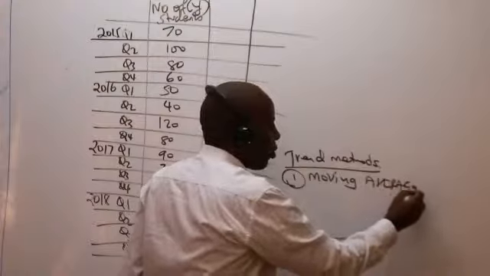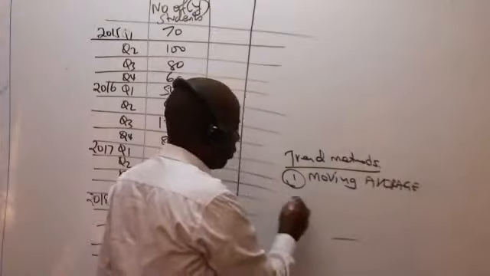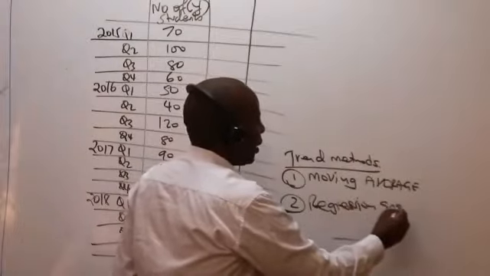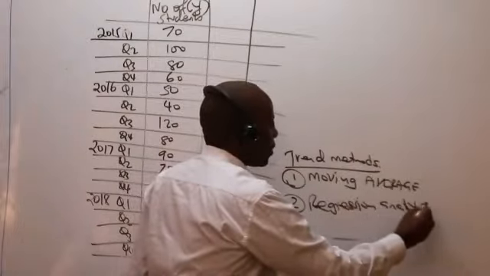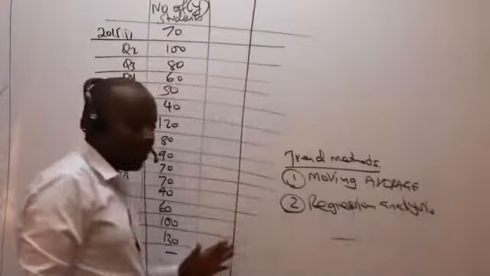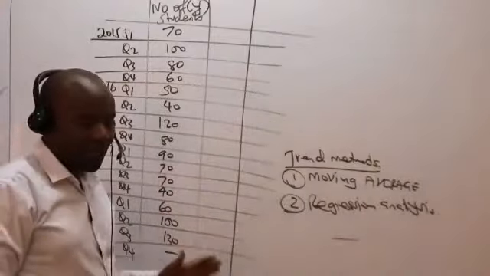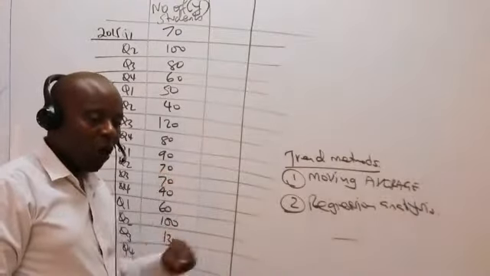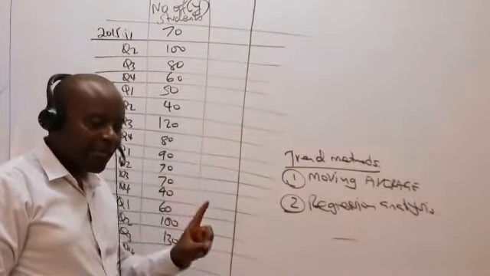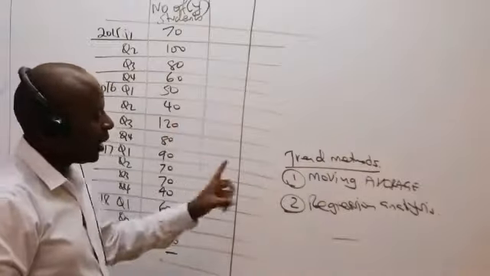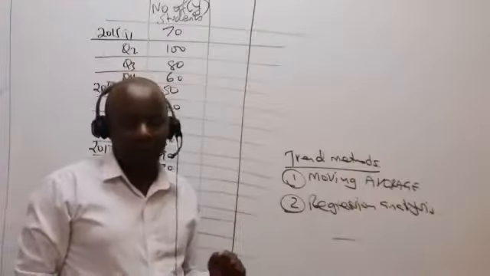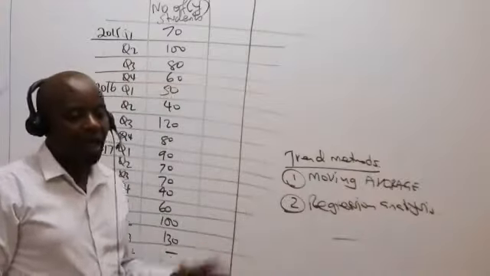And then number two, we have what we call regression analysis. The two methods which are very common for ascertaining the trend, ladies and gentlemen, are moving averages and regression.